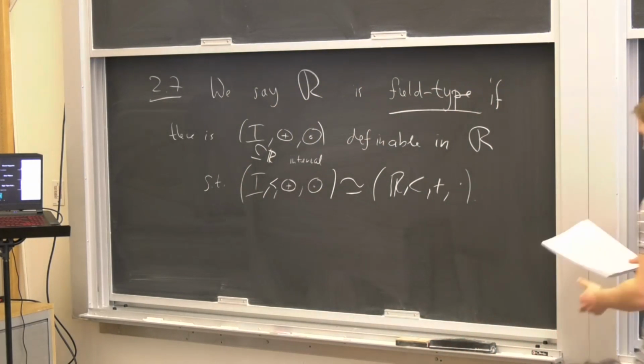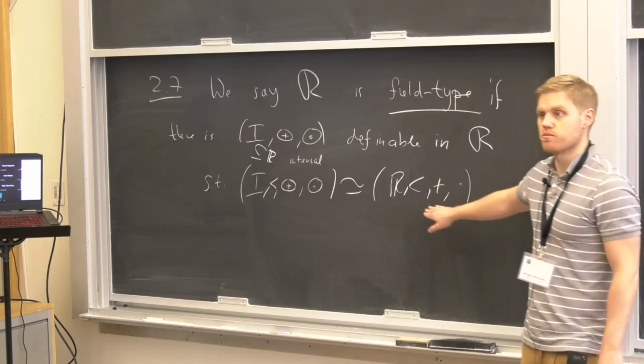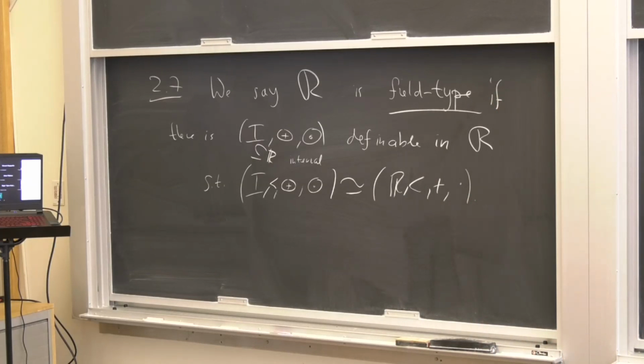So you not only have a field definable, it lives on an interval and, with the usual order, it's order isomorphic. That is much stronger than just saying that there is some field definable somewhere, even interpretable.